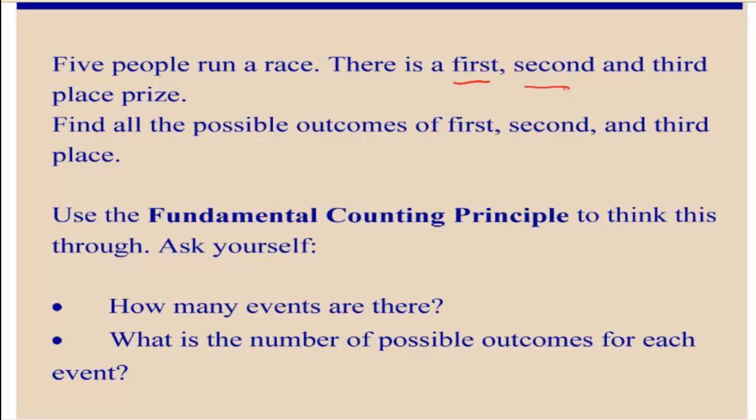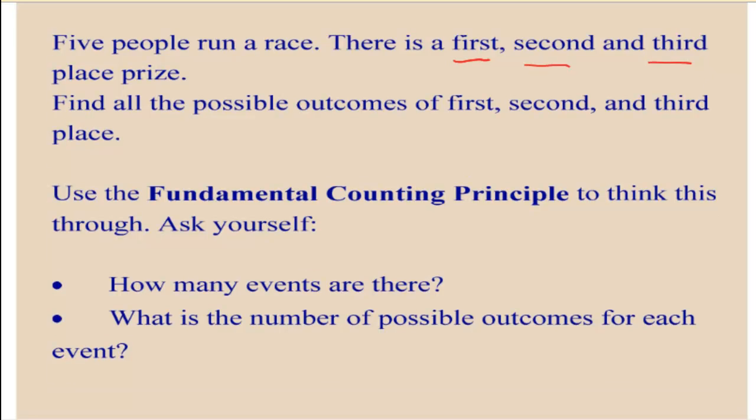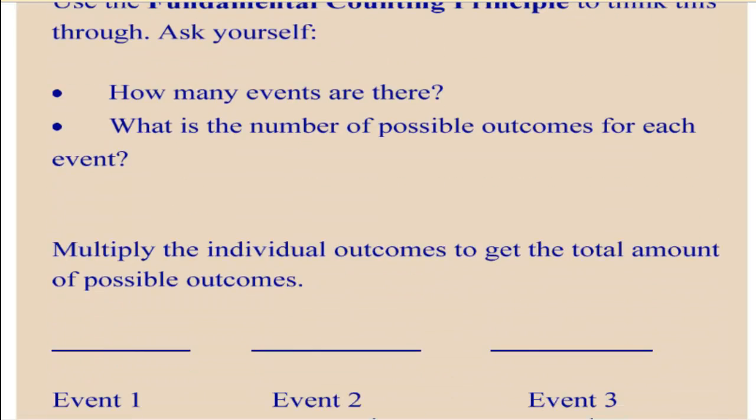Another event would be getting second place, and the last event would be getting third place. So in order to determine the number of possible outcomes for each event, let's think about first place. If 5 people run a race, how many people could win first place? 5, right? So 5 people could win first place.